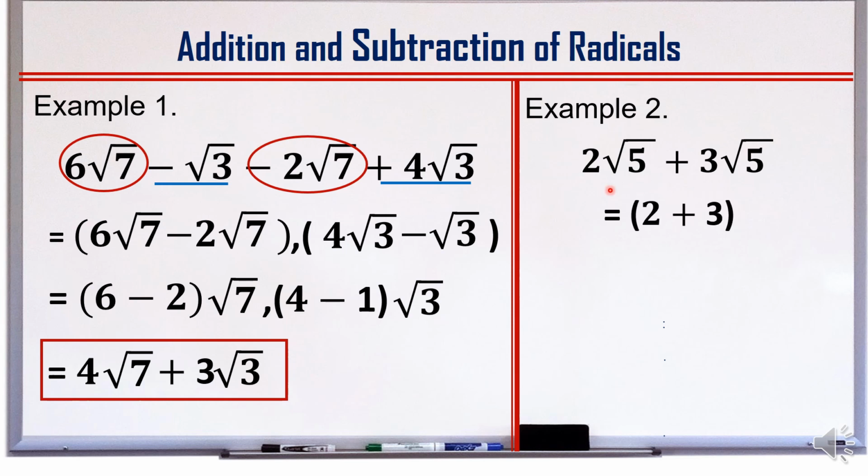So, that is 2 plus 3, then copy like radicals, that is square root of 5. Then, perform yung operation natin dito. So, 2 plus 3 is equal to 5. Then, copy square root of 5. So, eto na ngayon yung answer for example number 2. Gets po? Sana nasusundan ng lahat. So, step by step lang ang gagawin natin para hindi tayo nalilito. Okay po?